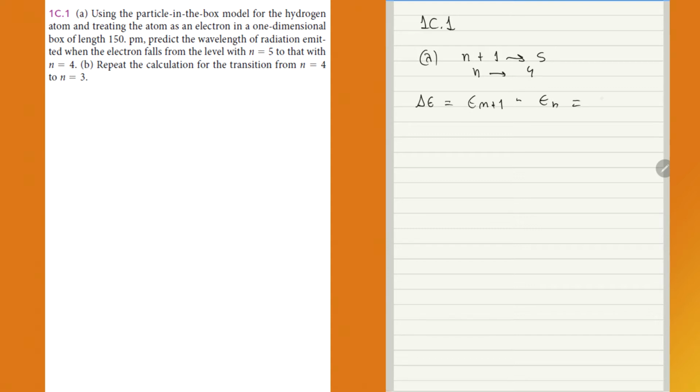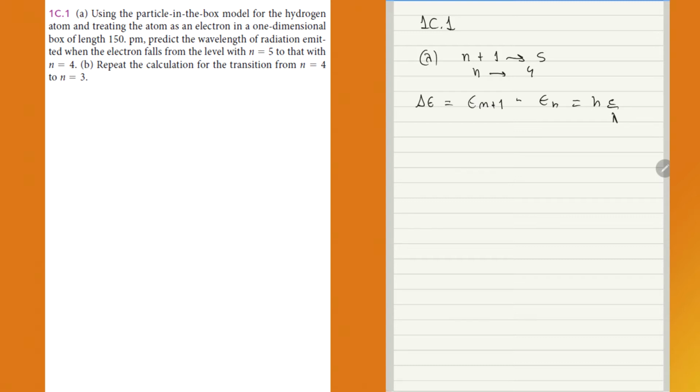We know the variation of energy is equal to h nu, in which h is the Planck constant and nu is the frequency. But we know that nu is equal to c over wavelength.